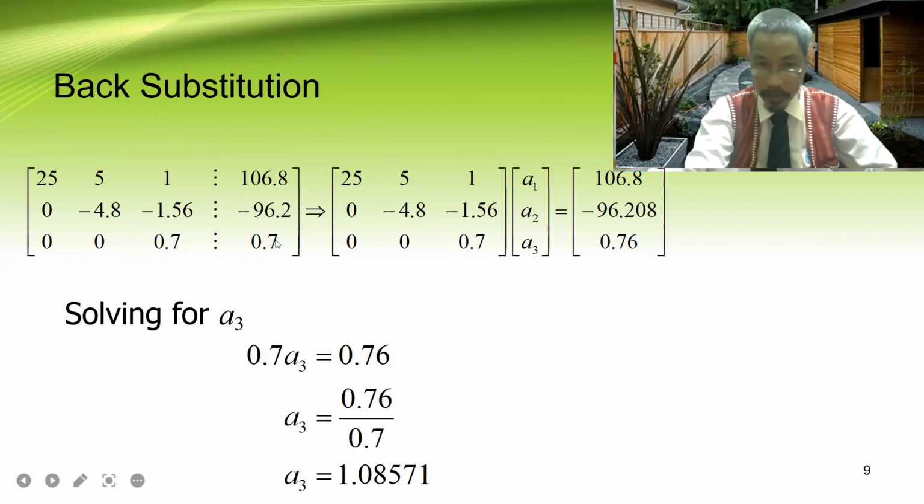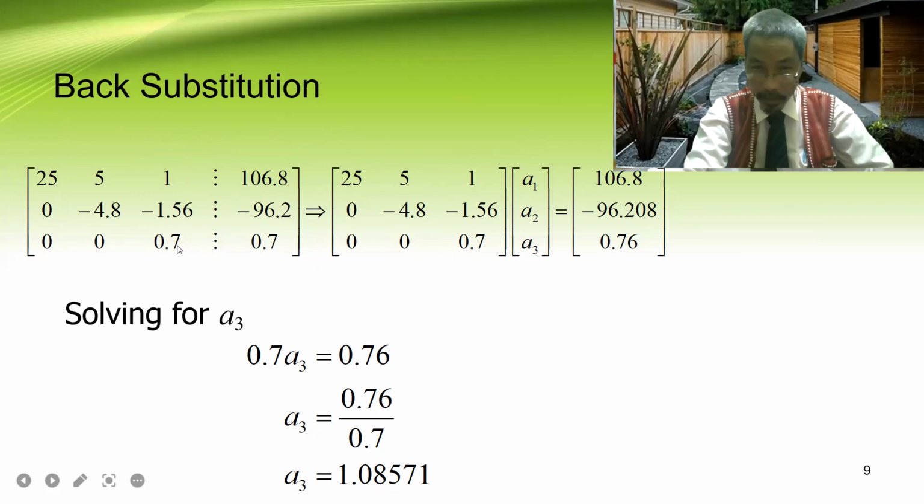This means that A subscript 3, A3 is equal to 0.76. So this is 0.7, this is the coefficient, A3 is equal to 0.76. Therefore, 0.76 divided by 0.7 is 1.08571. Okay, that is the value of A3.